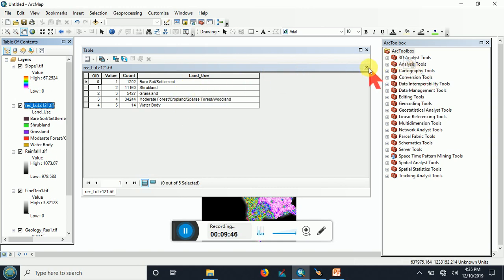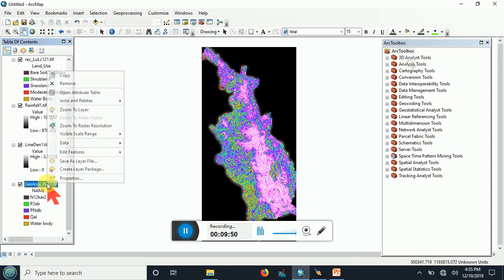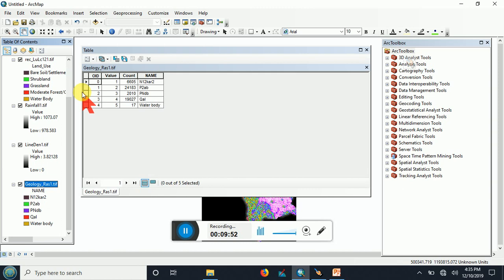And again, the geology is also already reclassified, because you can see in the attribute table it is reclassified into 5 groups. The first group is with this value, the second group, the third, the fourth, and the fifth group. So geology and land cover change are already reclassified.